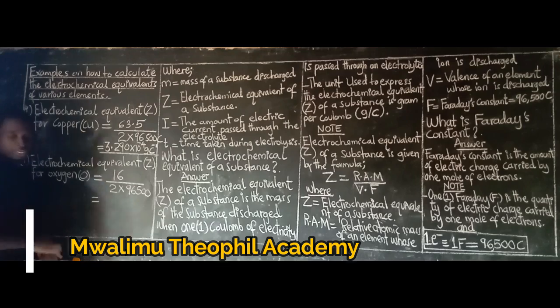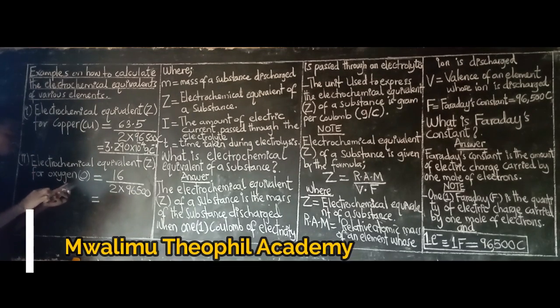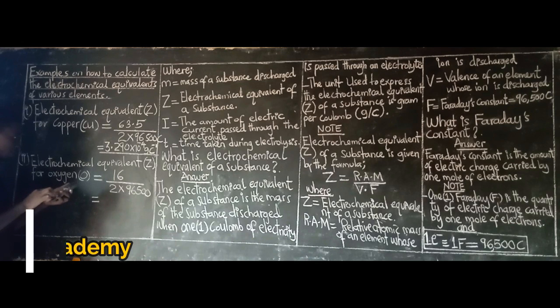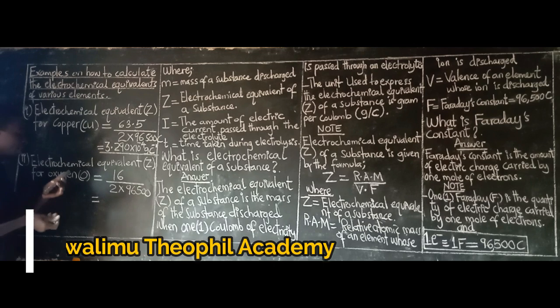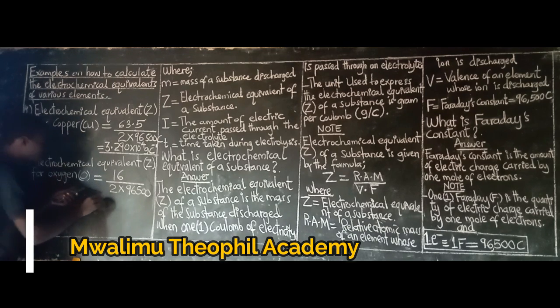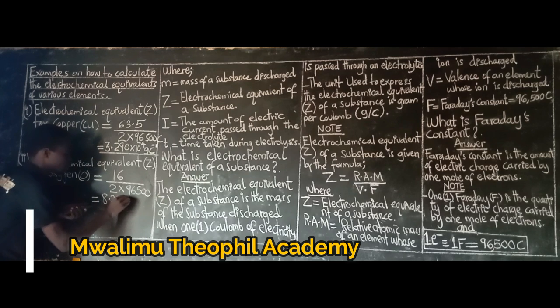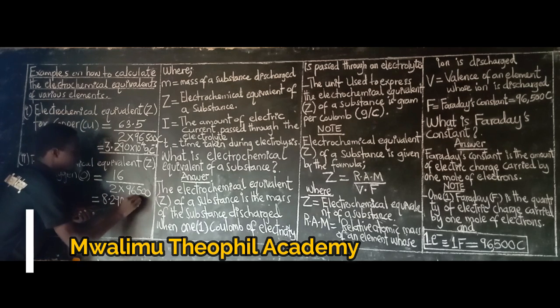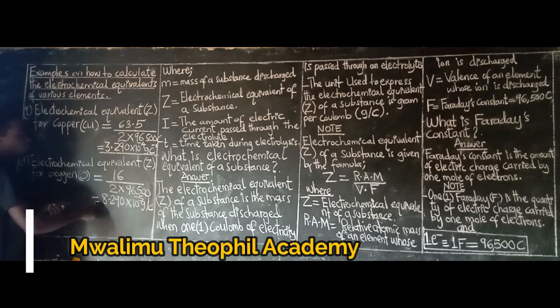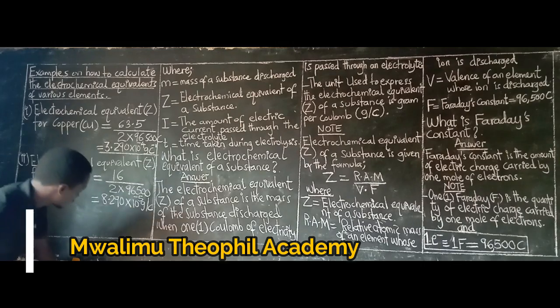When we compute in a calculator: 16 over bracket 2 times 96,500. The answer is 8.290 times 10 raised to negative 5 gram per coulomb. This is the electrochemical equivalent for oxygen.